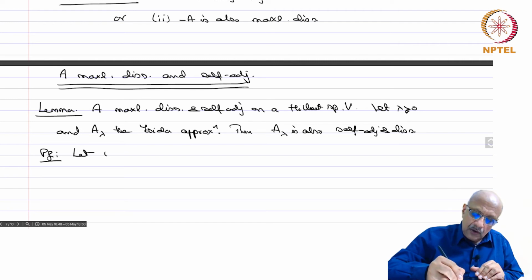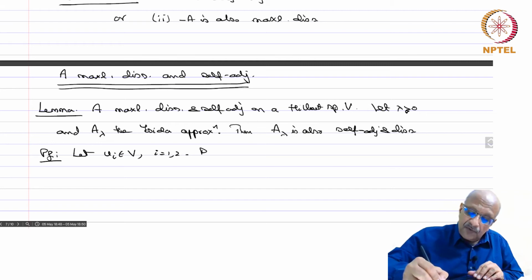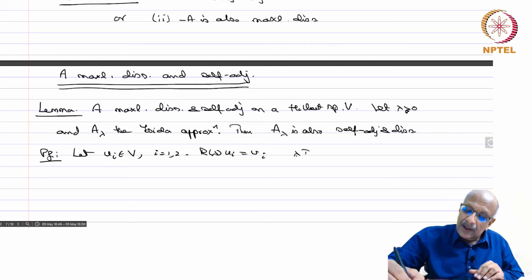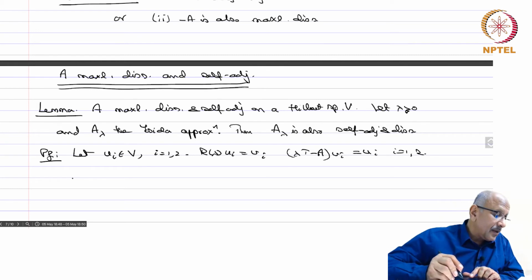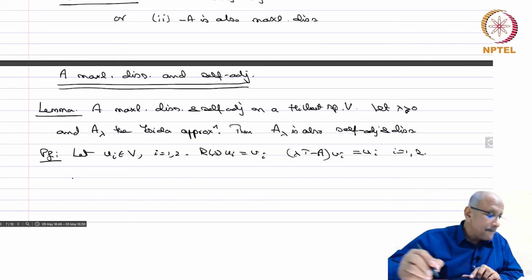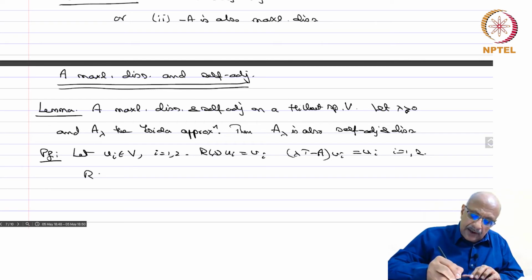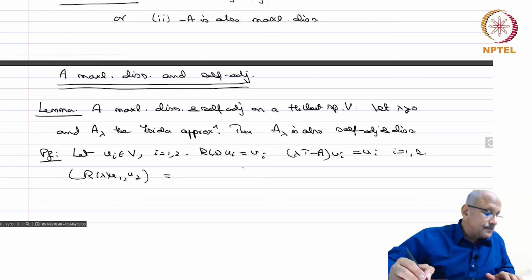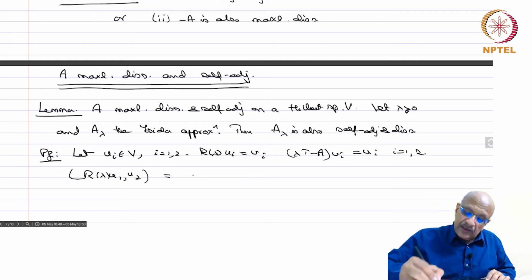let ui belong to V, i equals 1, 2, and let R lambda of ui equal to Vi. That means lambda I minus A Vi equal to ui, i equals 1, 2. Okay. Now, you take R lambda u1, u2, this is equal to V1, V2, since R lambda ui is Vi.